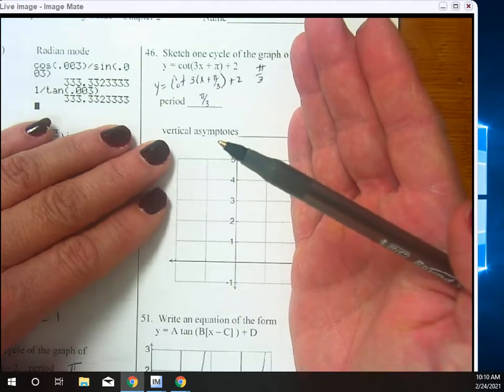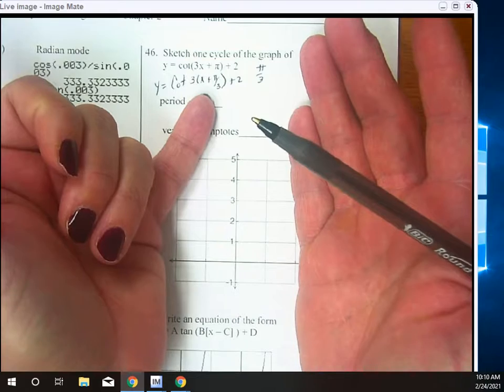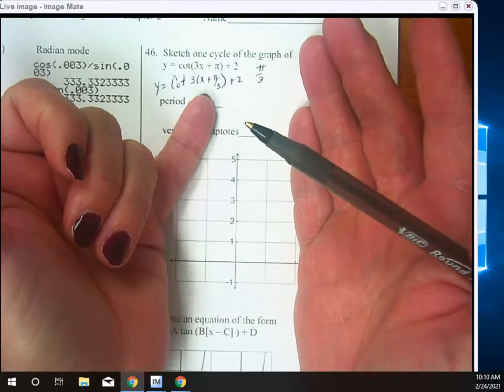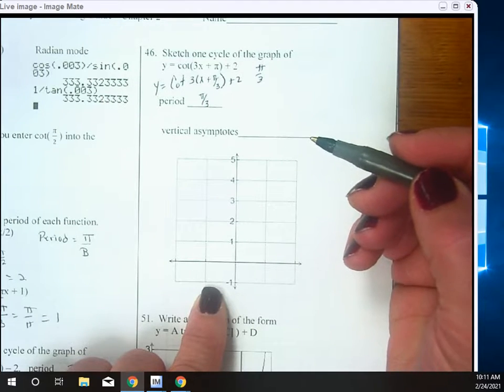Instead of being at 0, I have to go back to pi over 3.